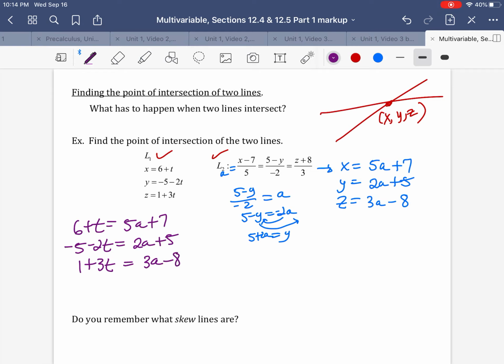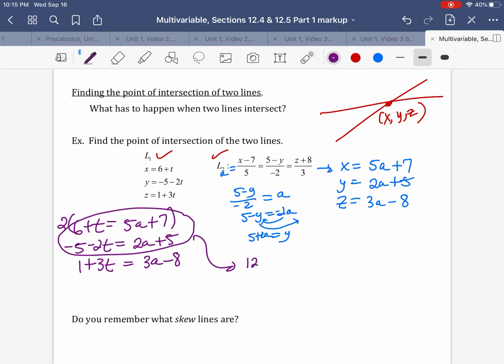All right, so you only have two variables and you have three equations, so you don't really need all three equations. So what we're going to do is pick the easiest couple equations. Nothing looks that easy, but I'm going to go ahead and select these two right here. I'm going to do a little algebra 1. I'm going to multiply this top equation by 2 so that the t's will cancel out.